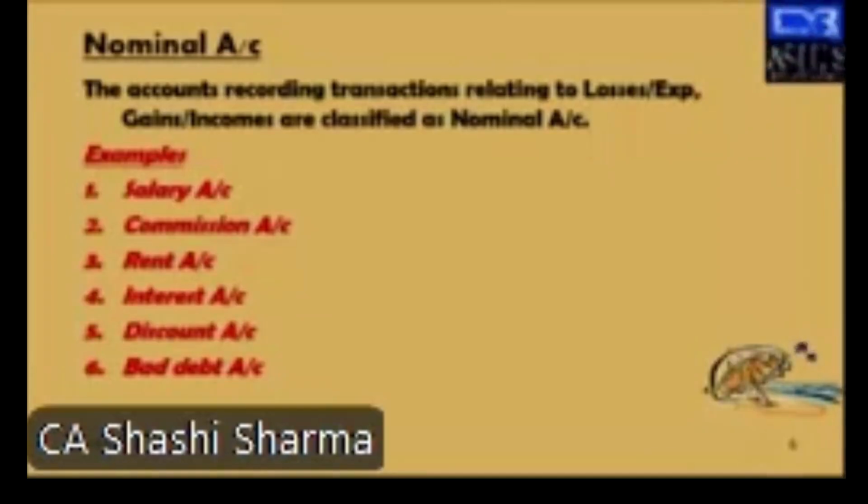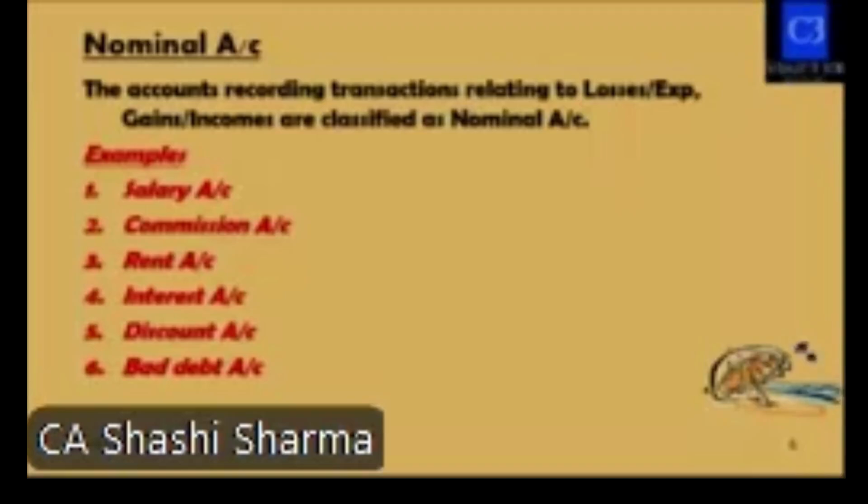And under nominal account, there are two subcategories. The nominal account can be losses, expenses, or incomes and gains. The point is, is this salary account a loss, expense, or a gain or income? So it depends on the transaction.